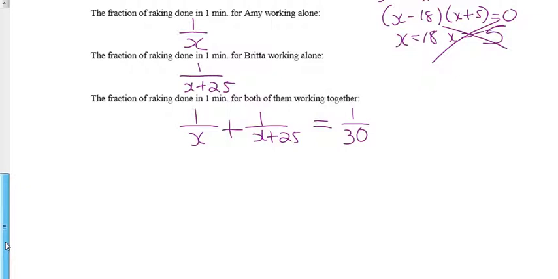Okay. The common denominator is 30, x, and x plus 25. Why 30? Because you've got a 30 in a denominator, so you have to take the 30.